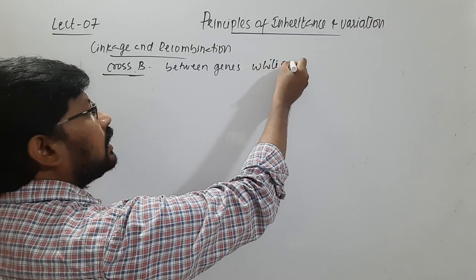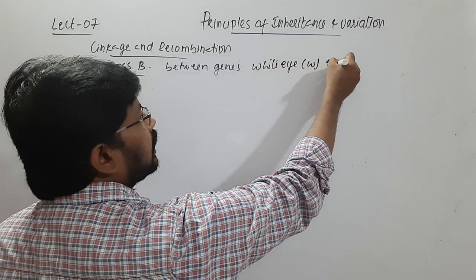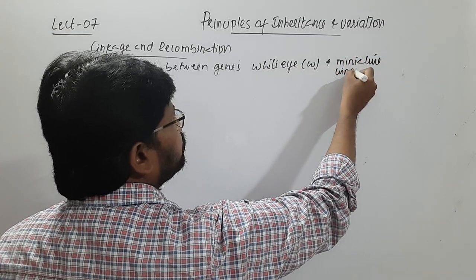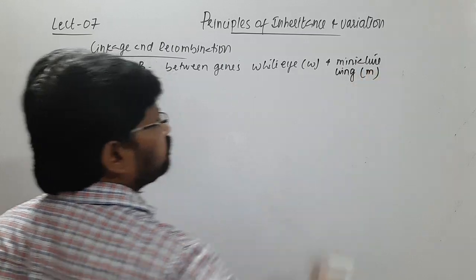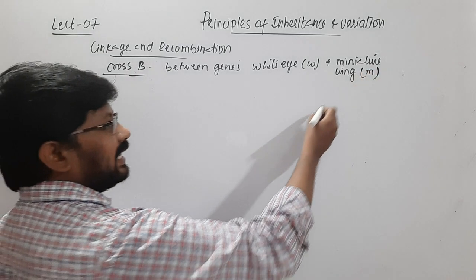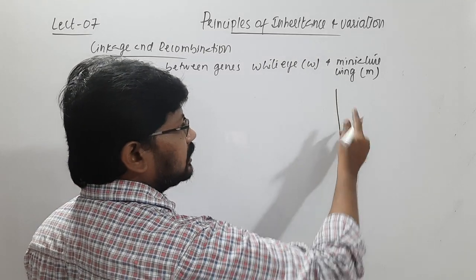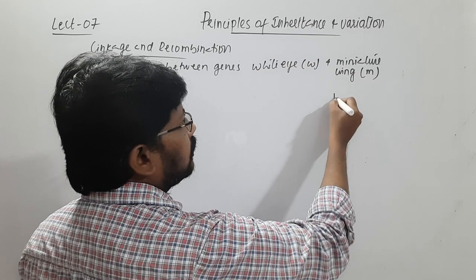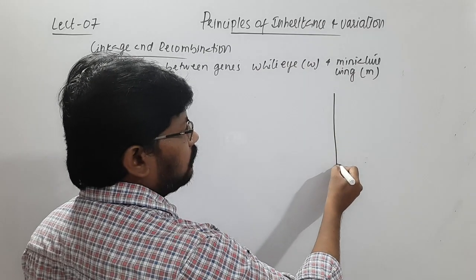So white eye, that is W, and miniature wing, that's M. These two genes are also present on the X chromosome, but the distance between these two genes is long.